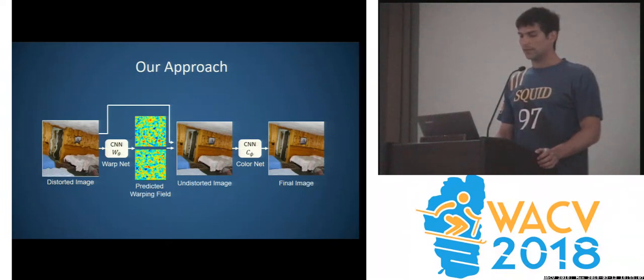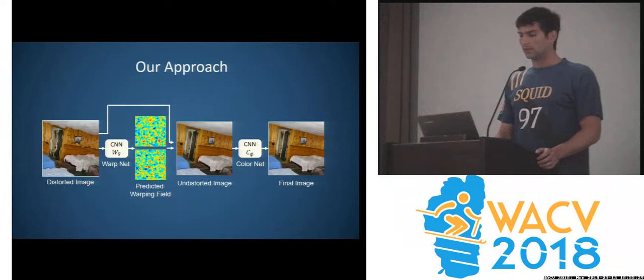This warping field is then applied to the distorted image to undistort the geometric distortion. However, this can't handle blur, non-invertible warpings, and other such things. And so we have a second network, a color network, that takes in pixels and outputs pixels. And this can fix those problems that were left behind.